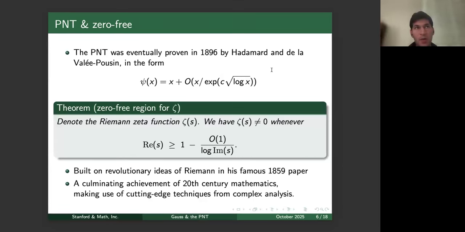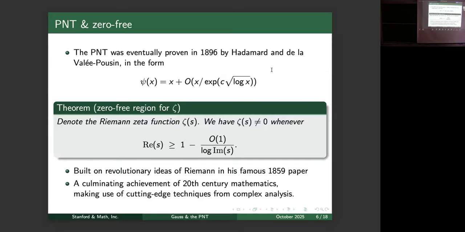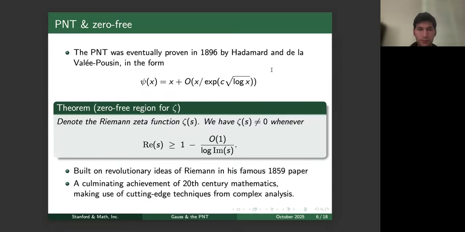It's smaller than any power of log savings, say x over log x to the 100, but it is still bigger than, let's say, x to the 0.9 or 0.99. So it's in between savings of powers of log and savings of a fractional power of x. This is kind of a quasi-polynomial regime.